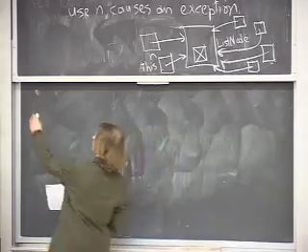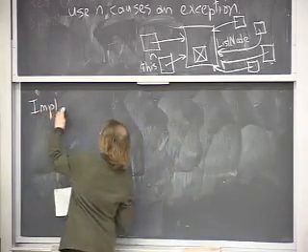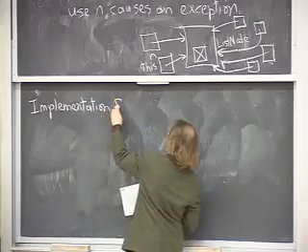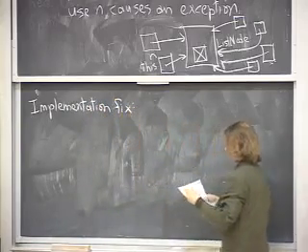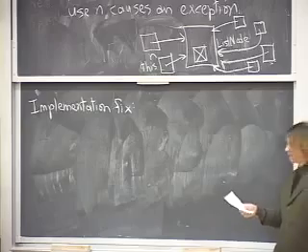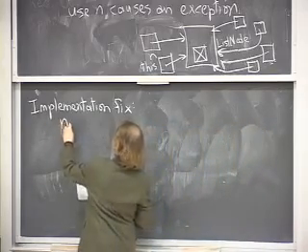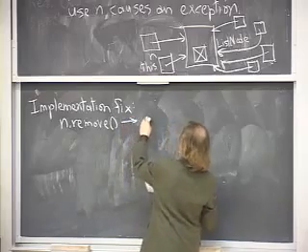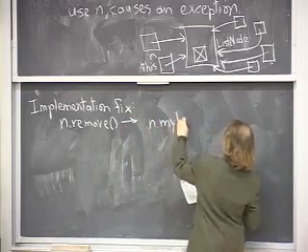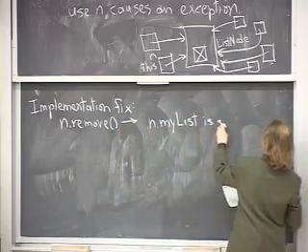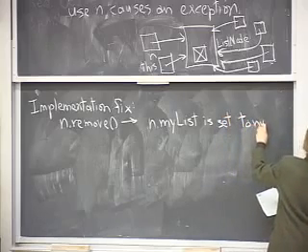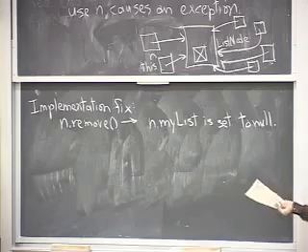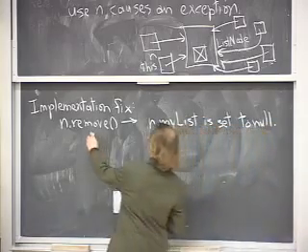So here's the implementation fix that I chose for homework 5. When you do n.remove, then the field n.mylist is set to null. And that's my standard way in homework 5 of marking a node as invalid.